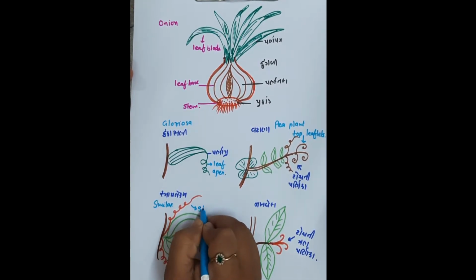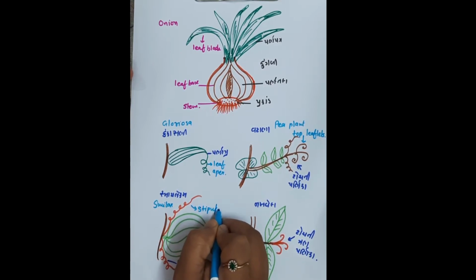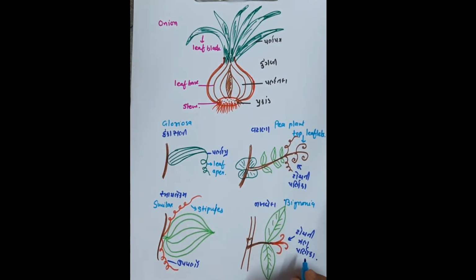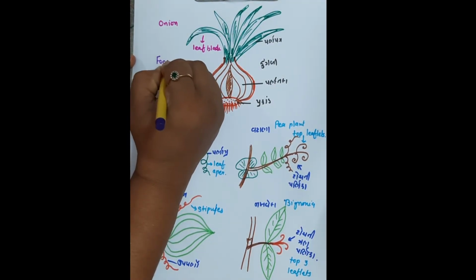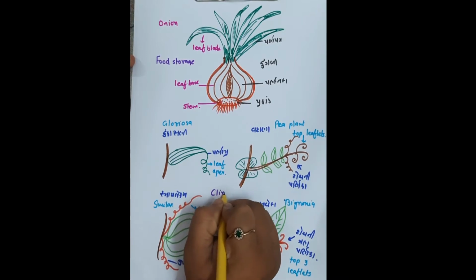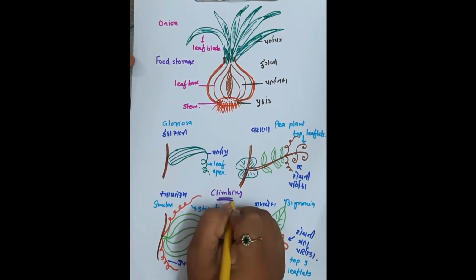Here these are stipules which always occur in pair, and this is bignonia, and in bignonia the top 3 leaflets become hook like, right? So these are special modifications, right? This is for food storage, and these are modifications for climbing.